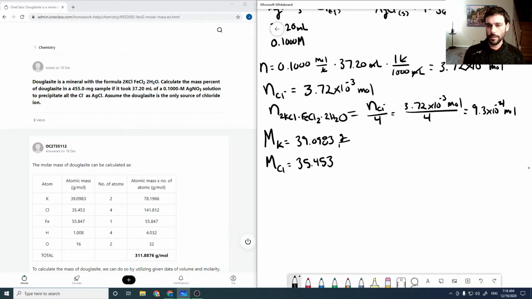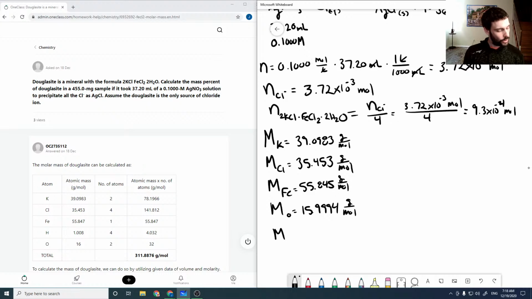I'll put in units here. Molar mass for iron of 55.845. Molar mass for oxygen 15.9994. And molar mass for hydrogen of 1.00784.